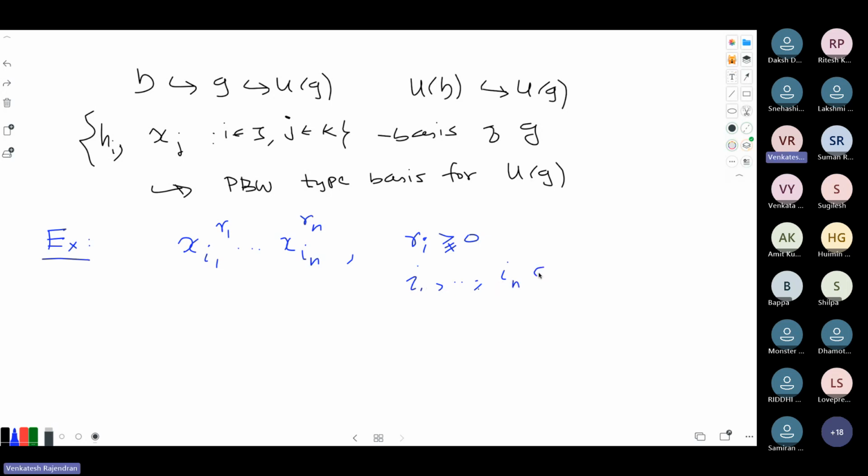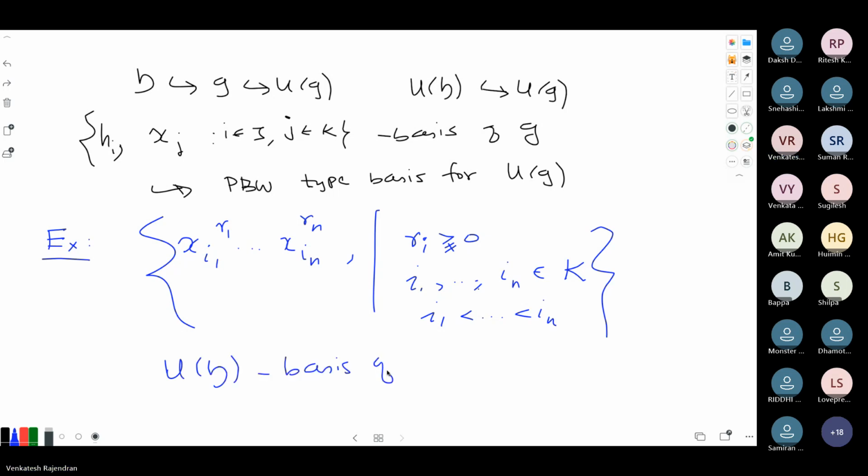This is coming from your K, and i1 less than etc. less than in. So all strictly increasing monomials that are formed using these variables xi's, where xi comes from K. Only those things we are considering. So this set, if you take, this is indeed a UH basis of UG. That means UG is a free module with this basis over UH.